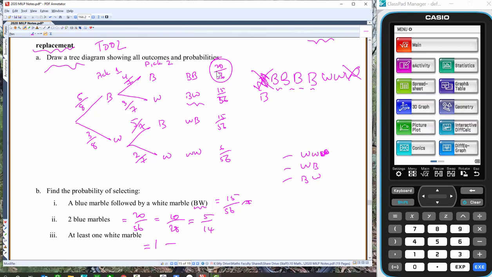So I'm going to do 1 take away the chances of getting a blue blue, okay, which is 56 out of 56 take away 20 out of 56, which is 36 out of 56, which is 18 out of, I have this before, 28, which is 9 out of 14.